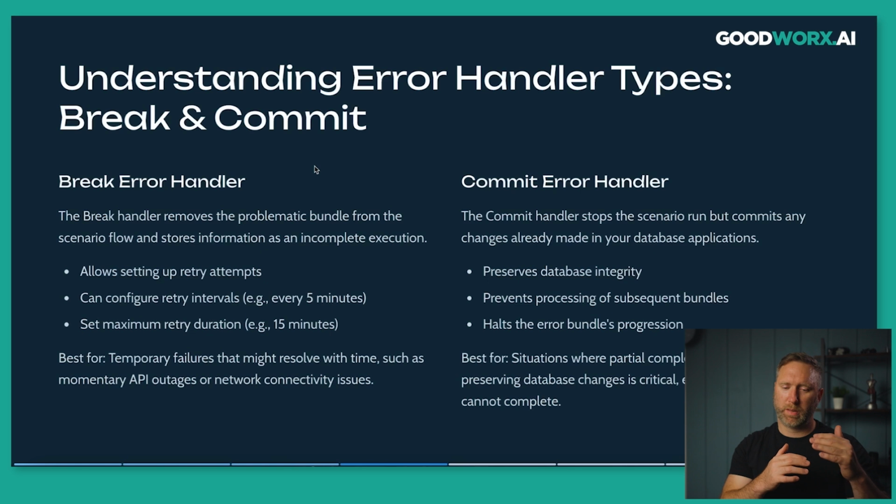If you have 10 bundles coming back from Google Sheets and one of those has bad data, it's going to remove that one bundle from the flow and store it as an incomplete execution so that later you can come back to it and try to process just that one bundle again. Break error handlers allow setting up retry attempts. Let me show you what that looks like.